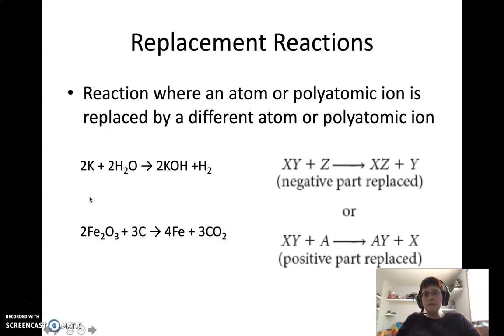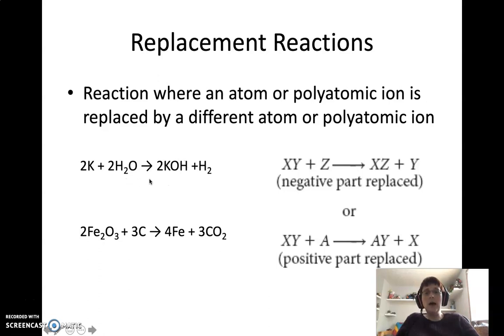So we've got water, which is actually a covalent compound, as we know, but we are making an ionic compound with potassium hydroxide. So this is an example of a replacement reaction where we have a metal reacting with water, and then that's going to make us an ionic compound.